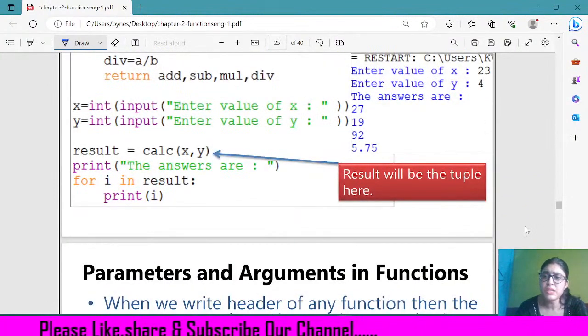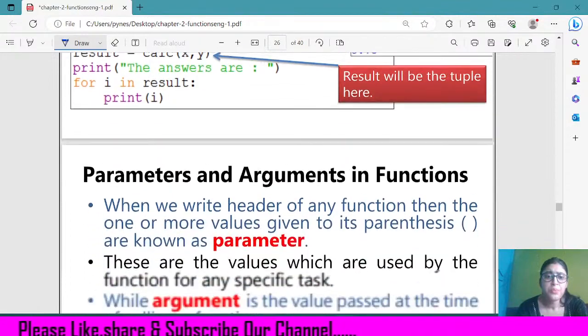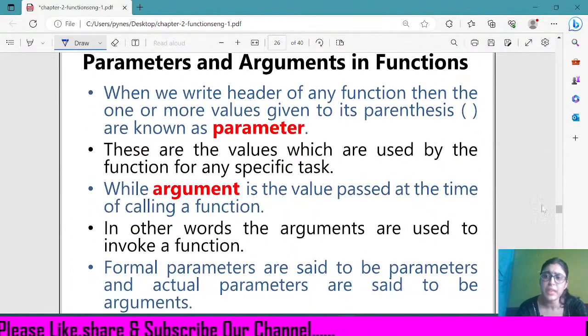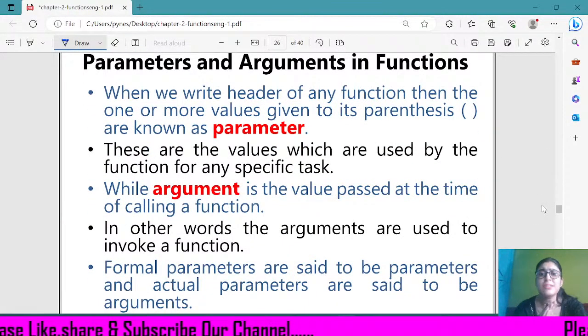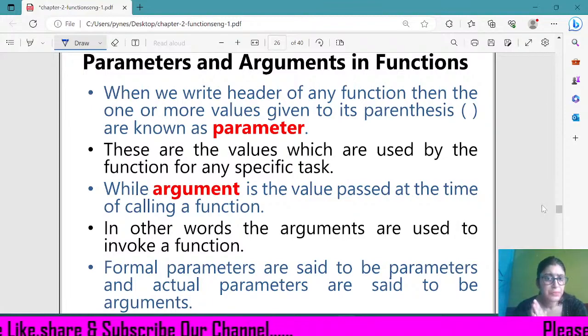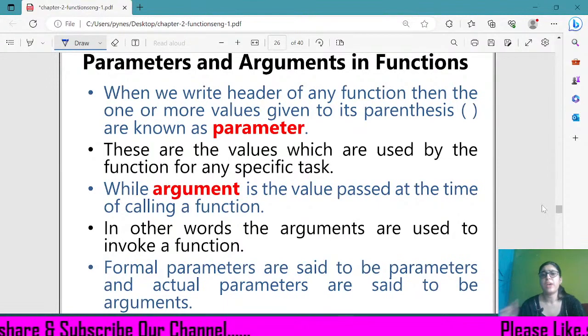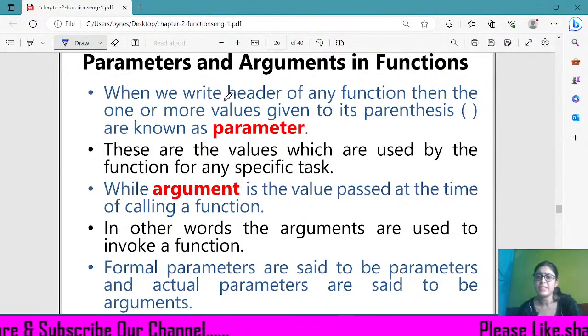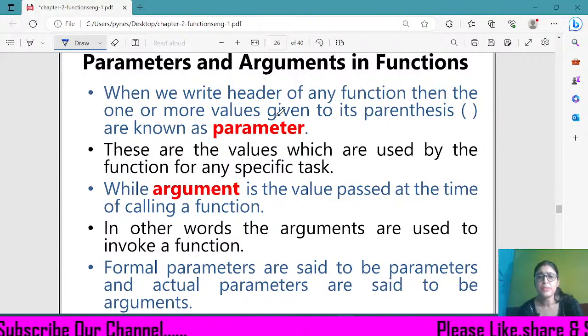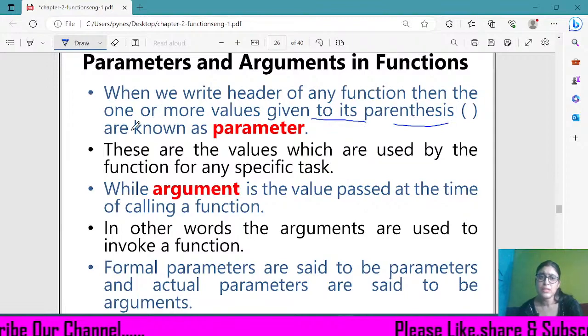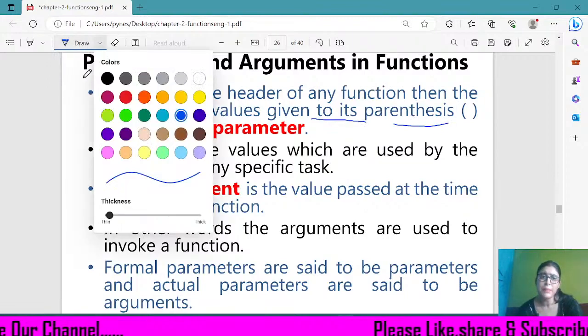In a user defined function, we have two things: parameters and arguments. First is the parameter. What is a parameter? When we are writing the header of any function, the one or more values given inside its parentheses are known as parameters. What do I mean by that?